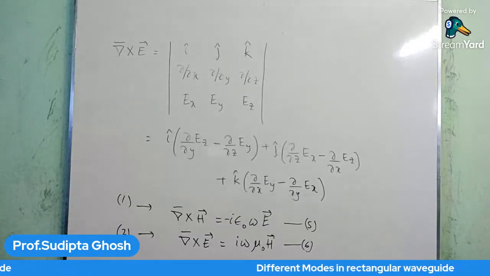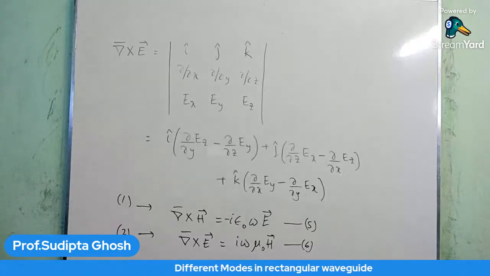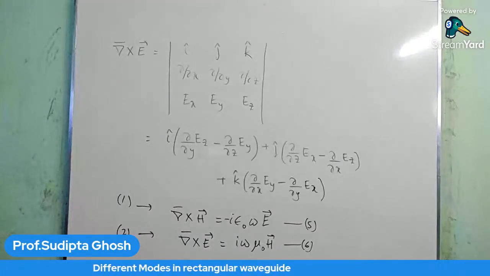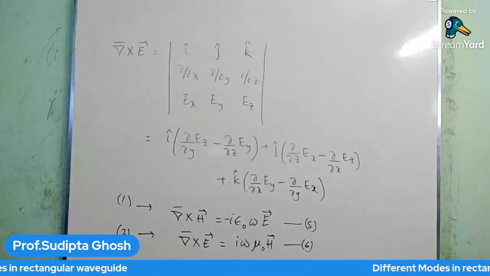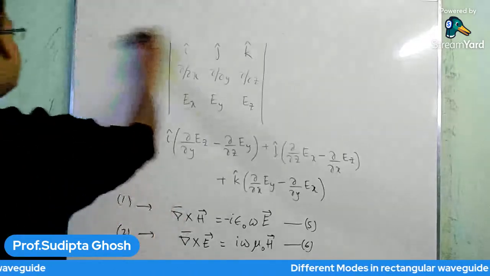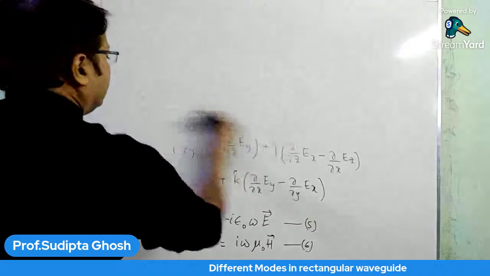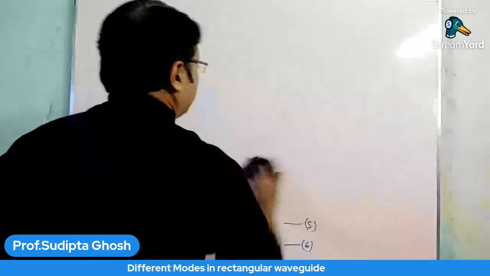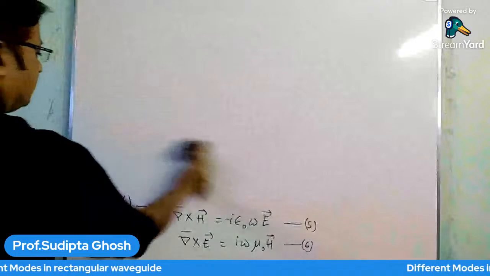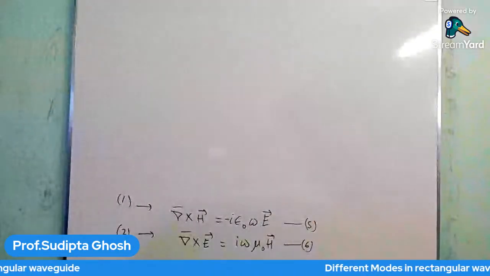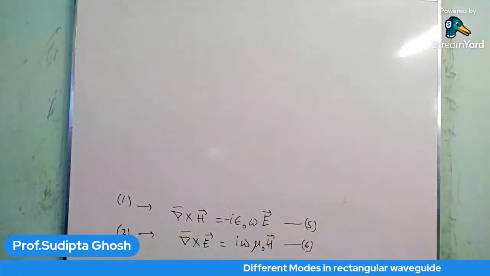Now we can find the curl of H, or rather we can find it more easily, by taking the curl of equation number 6.